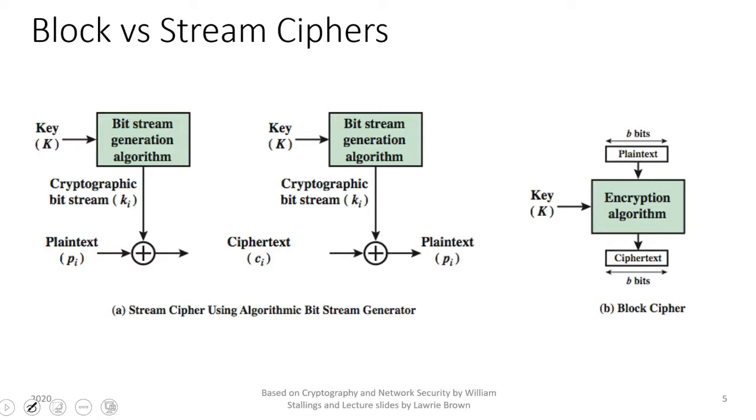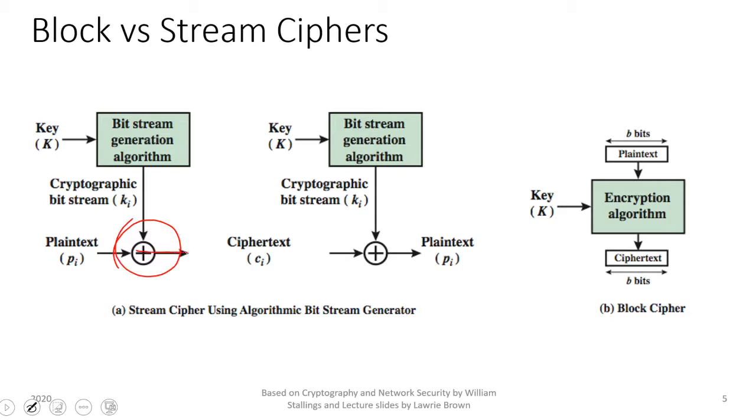If we take the stream cipher, for example, we get a bit stream of information, and we get the key also as a bit stream.